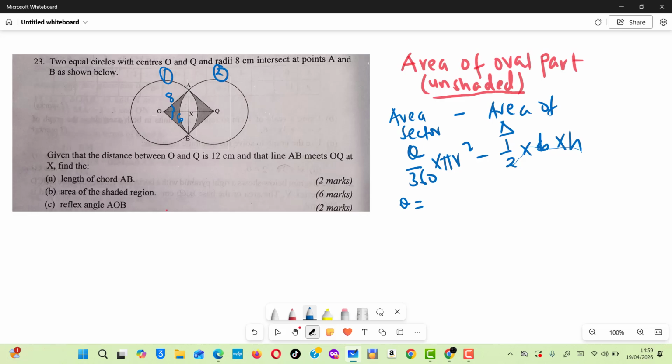Cos theta is the adjacent side to that angle theta over the hypotenuse. The adjacent side, the side close to this angle, is side OX, which is 6 centimeters, divided by the hypotenuse, which is 8. Now to find theta, we find cos inverse of 6 over 8.